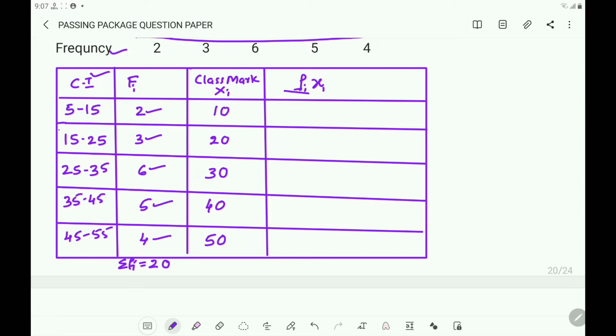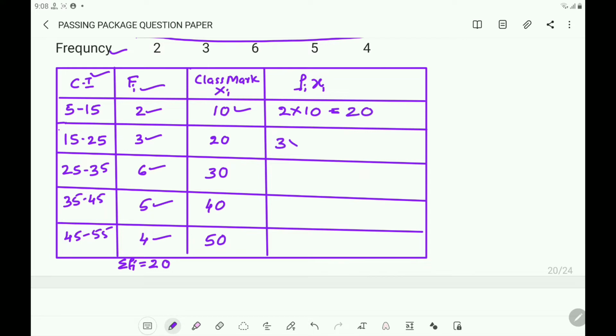Now you find Fi into Xi, that is the product of the frequency and class mark. That is 2 into 10. 2 into 10 equals what? 20.